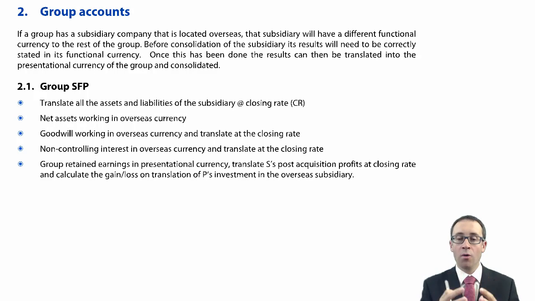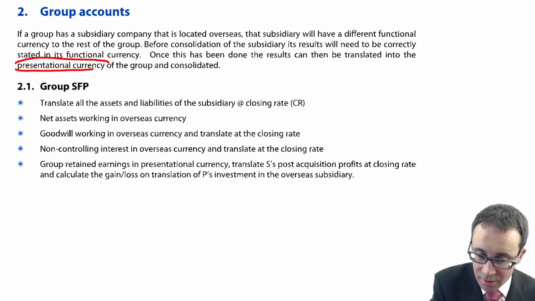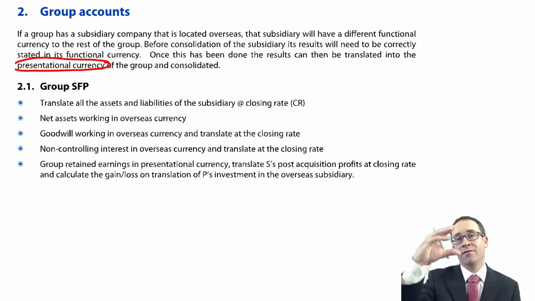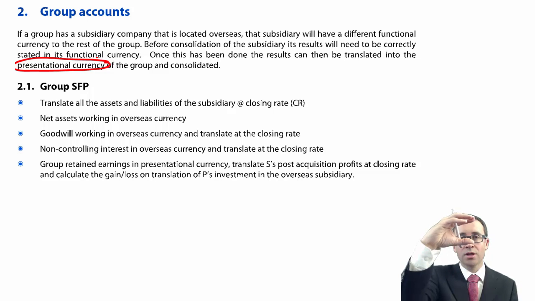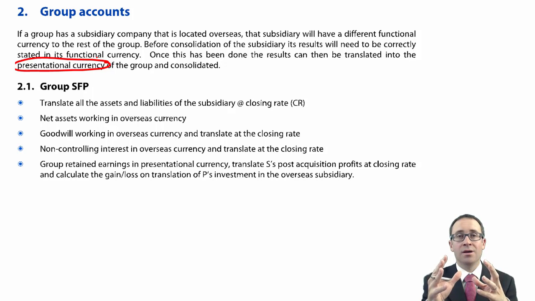Okay, so when we look at the group accounts, they are prepared in what is referred to as the presentational currency, or sometimes just the presentation currency. So imagine you have a parent that's in dollars. They will probably say that the currency that the group accounts are presented in is the dollar.